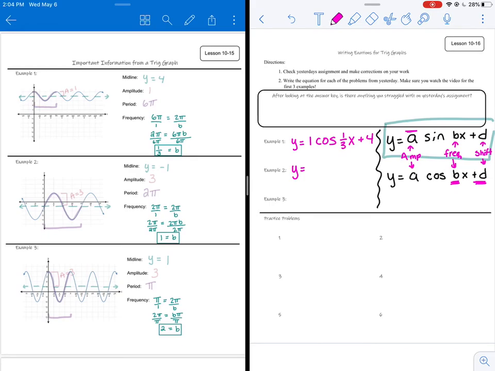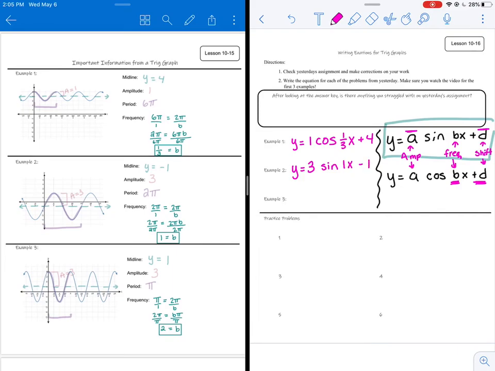We found that the amplitude was 3. It's a sine function, so I'm going to write sine. My b value in this case I found was 1, so you can put a 1x, but I will also show you how else you could write that. And then our shift, this midline was at y equals -1. So your d value is your shift, so I'm going to do -1.